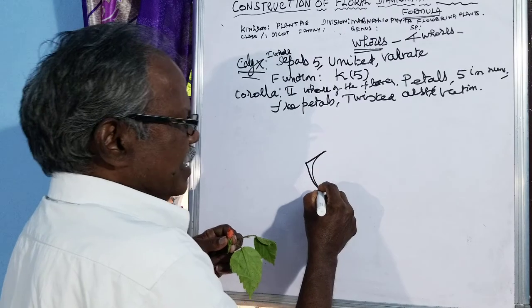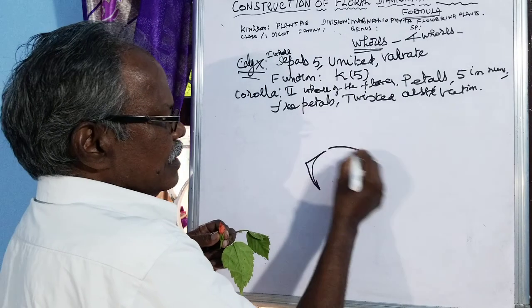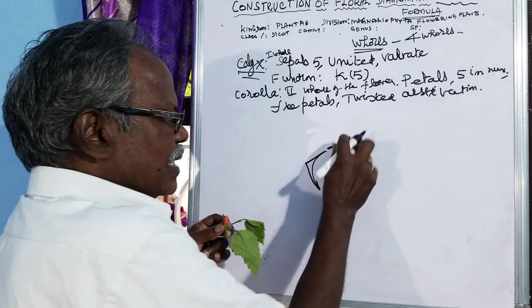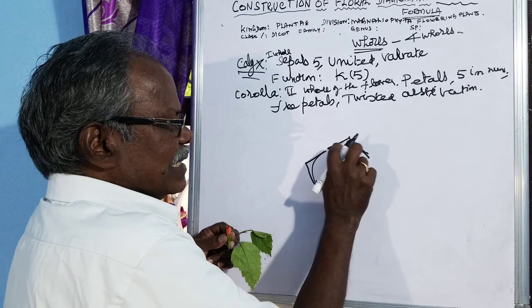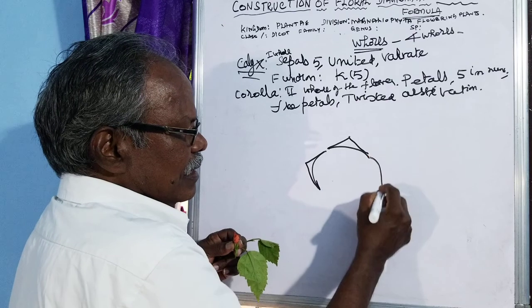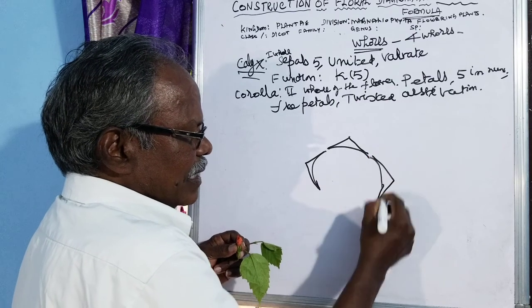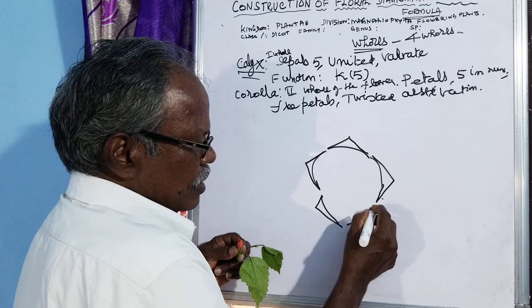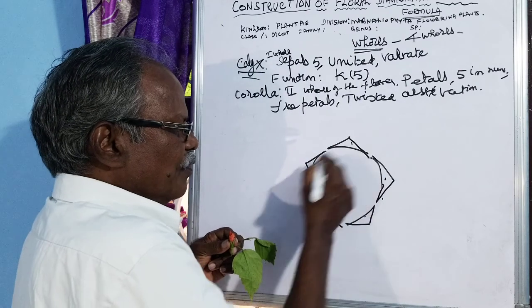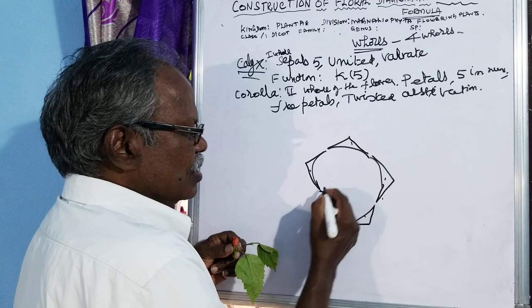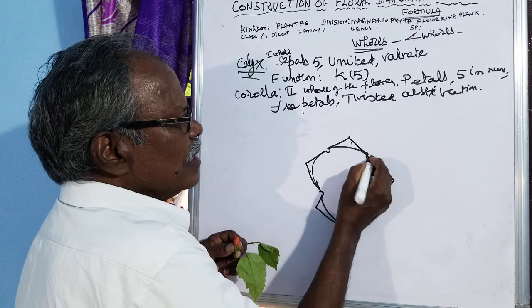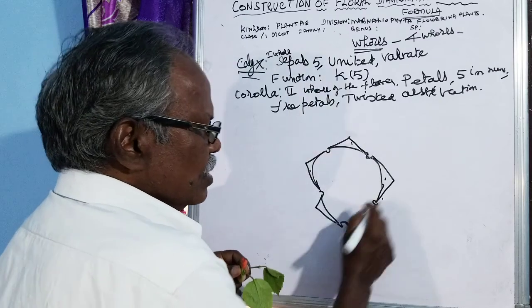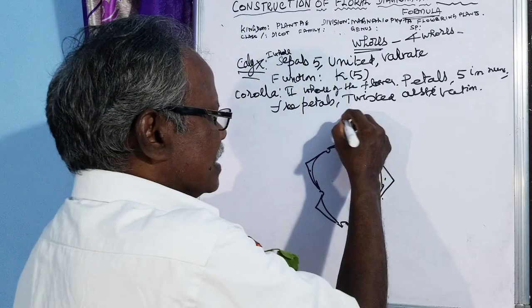Calyx is usually mentioned by a bracket-like structure, a little bit bigger, in the center. That is represented by calyx. So 1, 2, 3, 4, 5, this is united, so we have to mention it like that. With the margin uniform, so calyx should be under the mother axis.